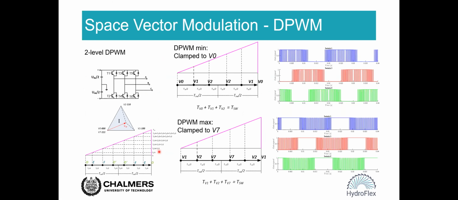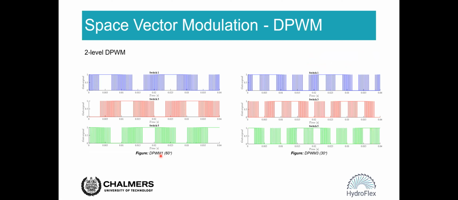In the previous slide, if we look at here, for the DPWM min, the converter leg is always clamped to the negative DC rail in one fundamental period, while in the DPWM1 it will alternate in one period.